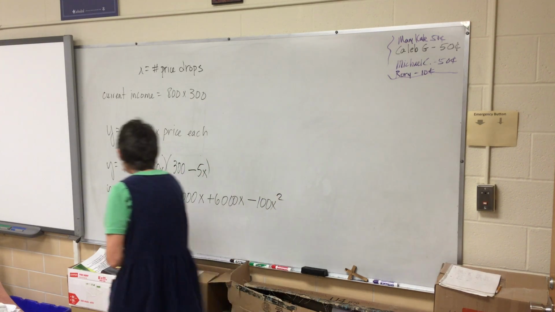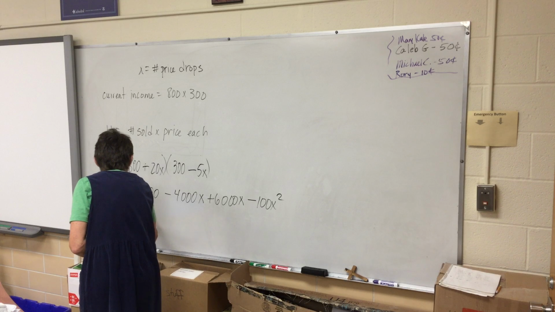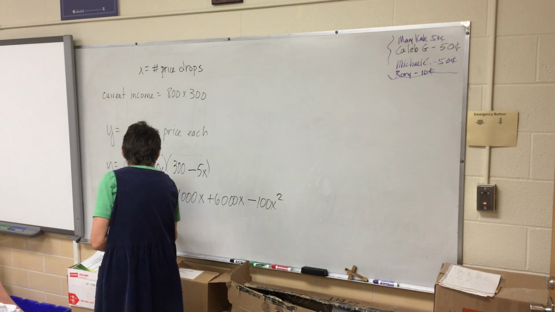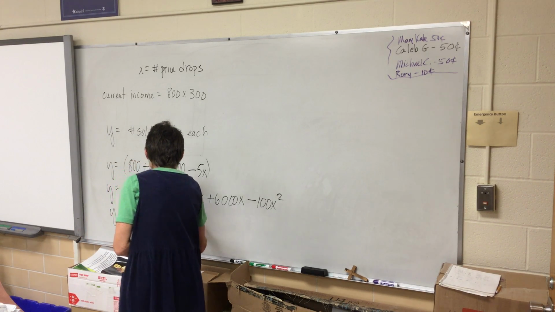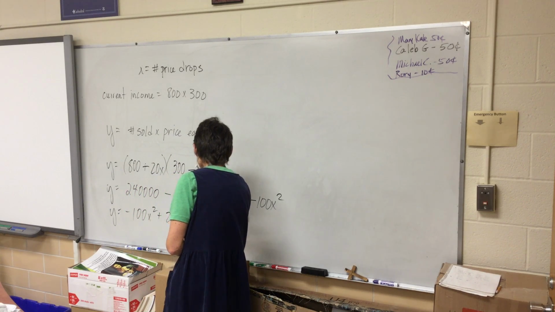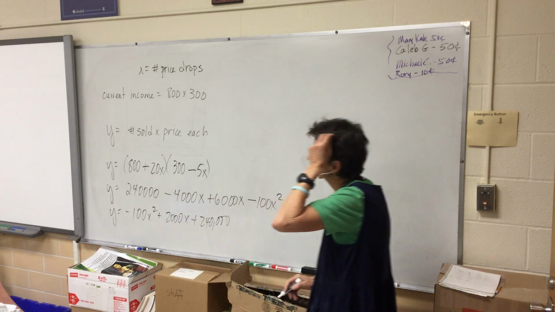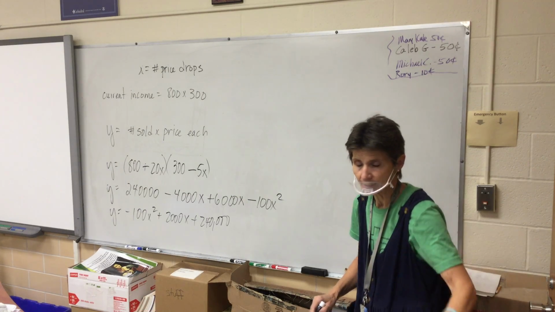If I FOIL it out, I get y equals negative 100x squared plus 2,000x plus 240,000. Hopefully I did my arithmetic right.